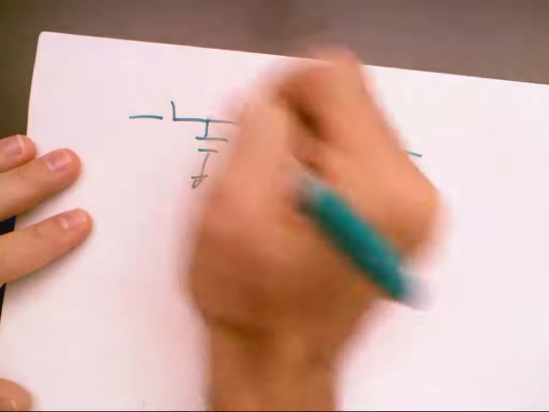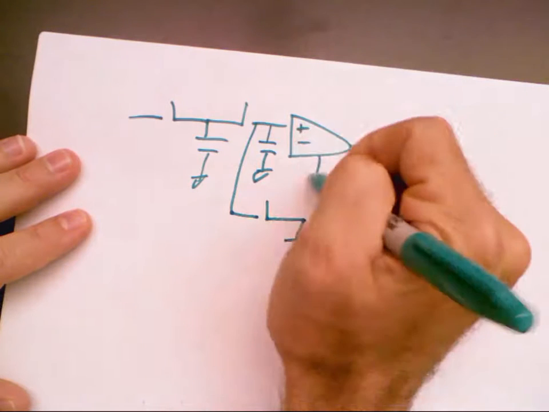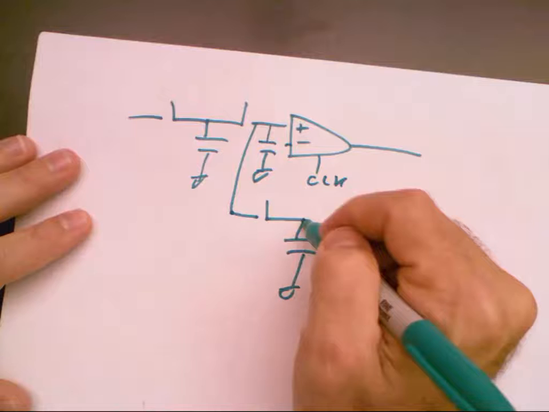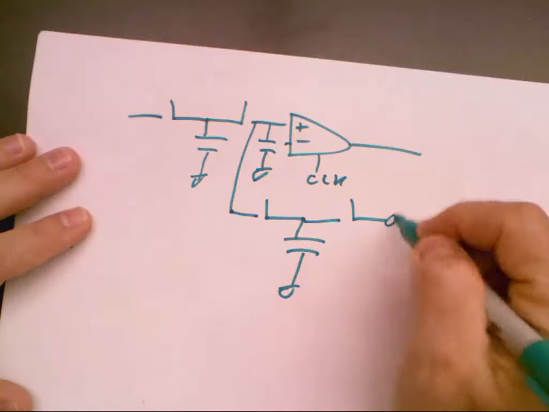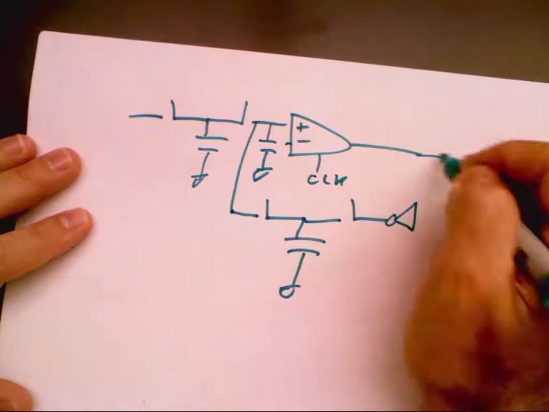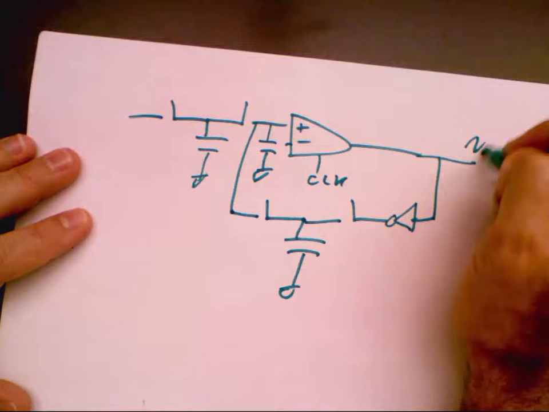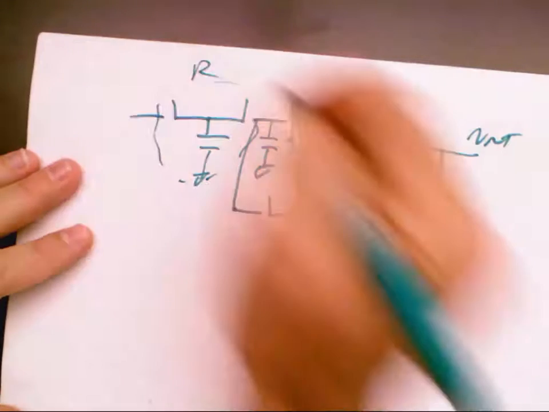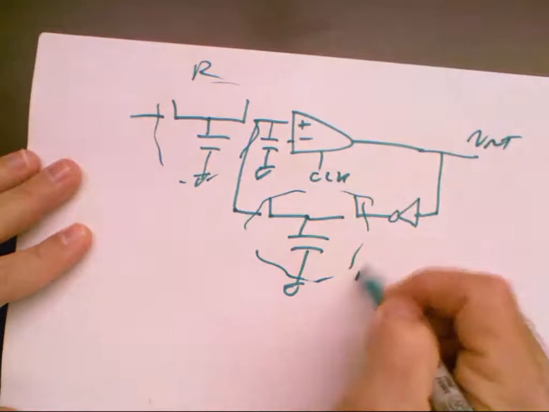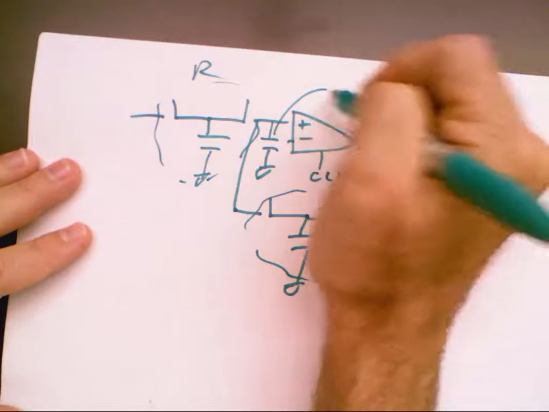So this is a resistor going to our integrating capacitor. There's our clock. This goes to Vref. Then what is this right here? Yeah, it's the feedback resistor, right? And V out. And so in your mind, this is a resistor. This is a resistor. And this is our integrator.